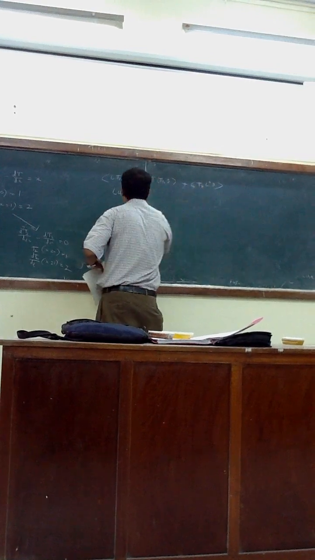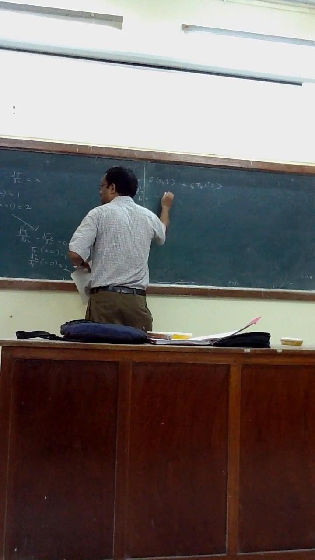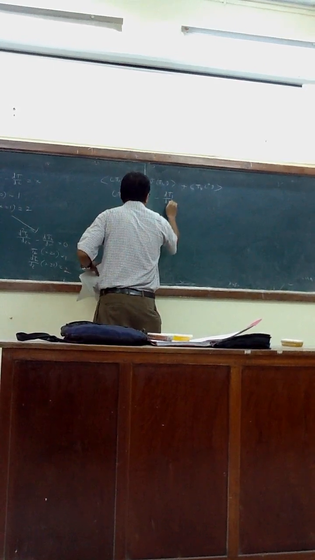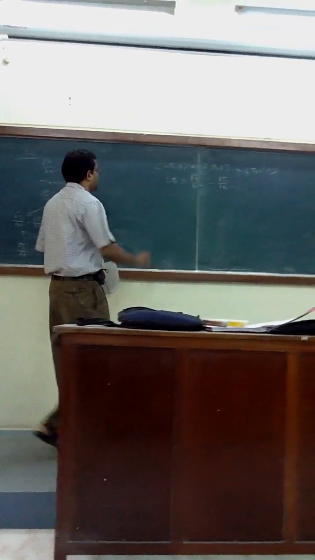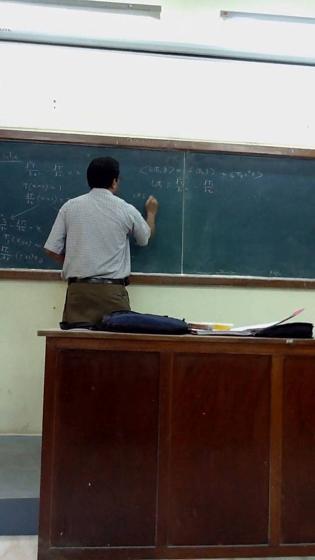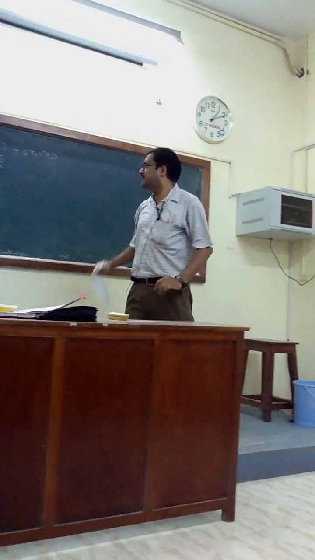Let's find out T1. d2T1/dx^2 minus dT1/dx. Start with the left hand side. What is the left hand side?